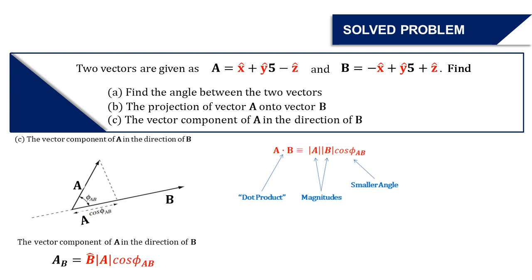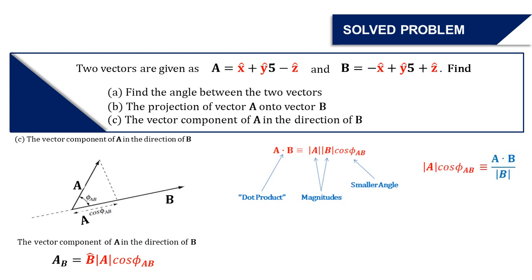So in this case, we will try to solve question C by using only the given. So let's go back to the definition of the dot or scalar product. The dot product is equal to the product of the magnitudes of the two vectors times the cosine of the smaller angle between them.